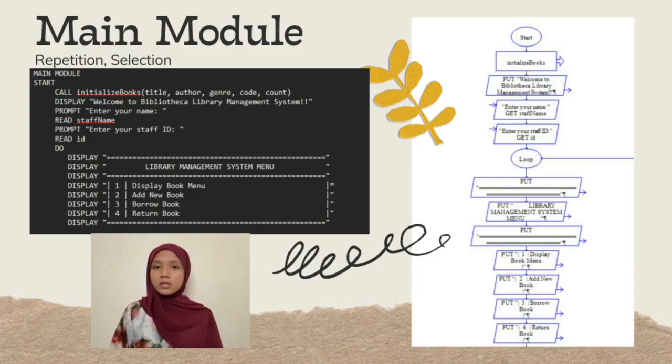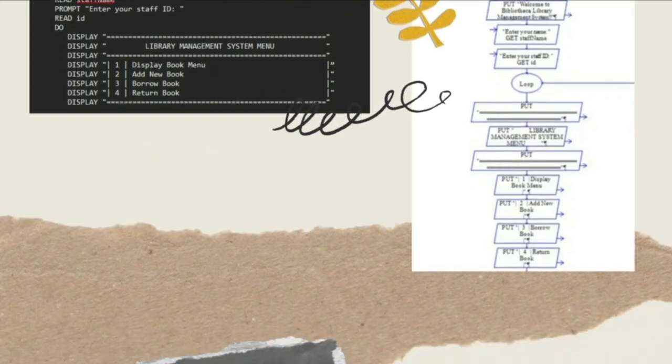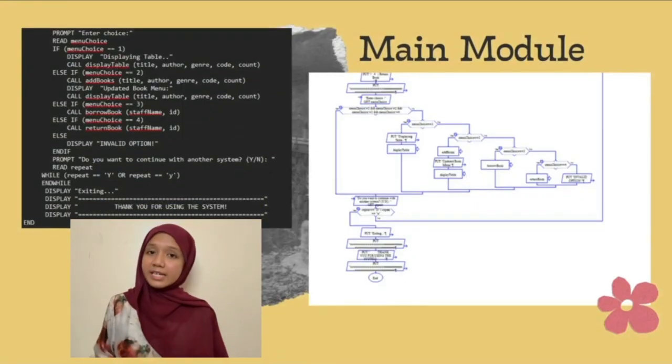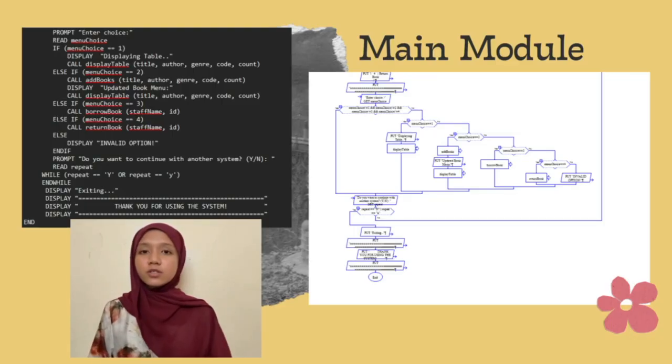Inside the loop, the system will display the main menu such as display book menu, add new book, borrow book, and return book. Then, the user will be asked to enter the menu choice. The system then uses a selection structure which is if-else structure to check the user's choice.